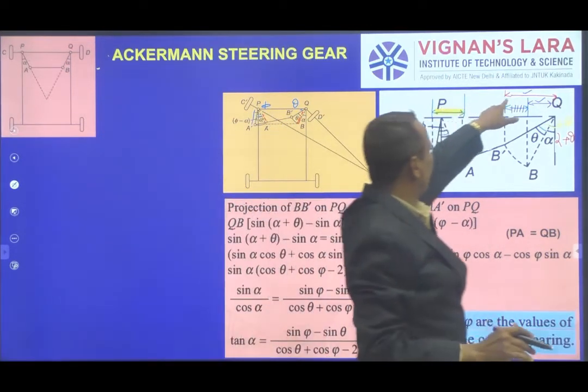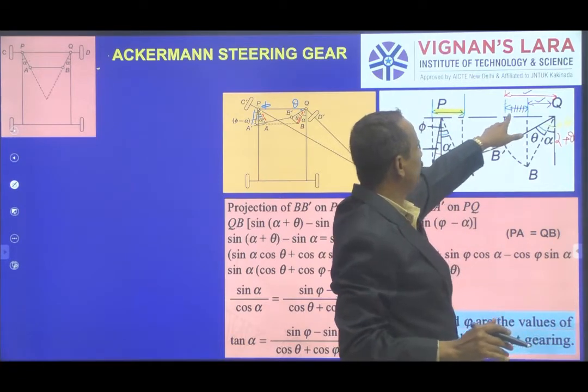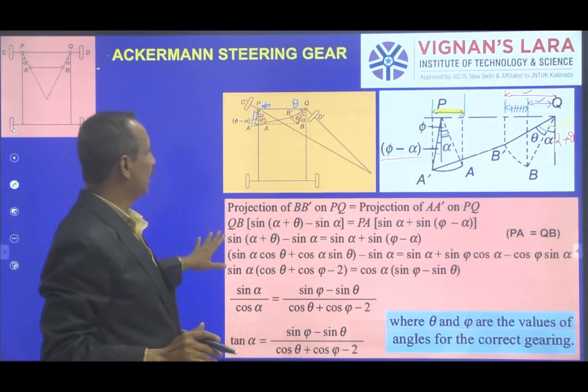Simply, if I get this length and this length by analysis, then I can get this value by subtracting. The same thing we did here, let us see.